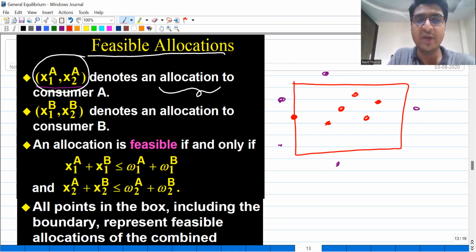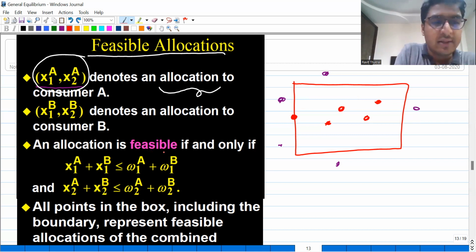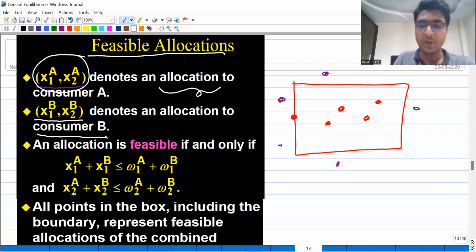If it is for consumer A, we call it allocation of consumer A. If it is for consumer B, we call it allocation for consumer B. So these are allocated to them. These are distributed to them from the endowments available. So therefore, these are called allocations. All right. And similarly, X1B, X2B, these are the allocations for consumer B.